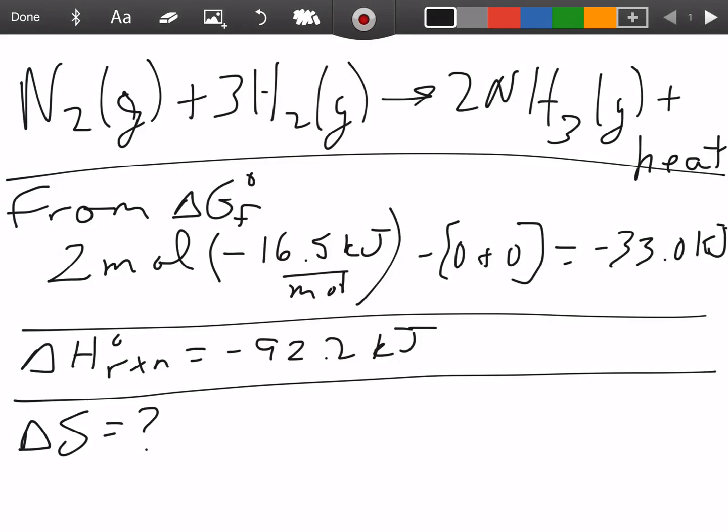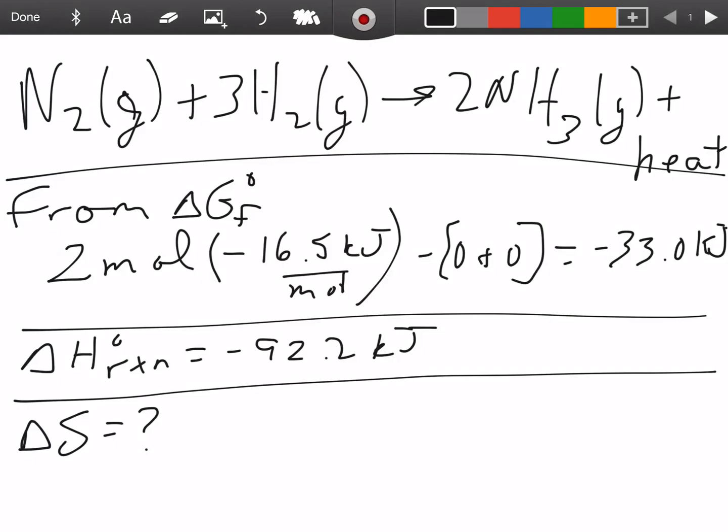So if I want the delta G of the reaction, it is simply the 2 moles of ammonia times the negative 16.5 kilojoules per mole minus 0 added to 0 for the nitrogen and the 3 hydrogens. And if I calculate that, it's equal to minus 33 kilojoules for the reaction. And that tells me that this reaction is a spontaneous reaction.